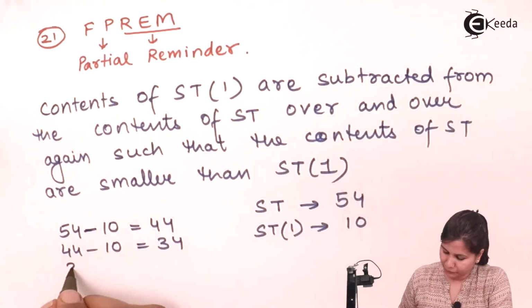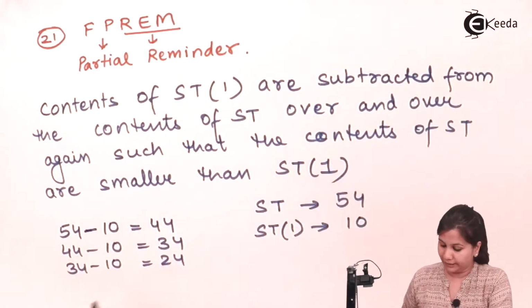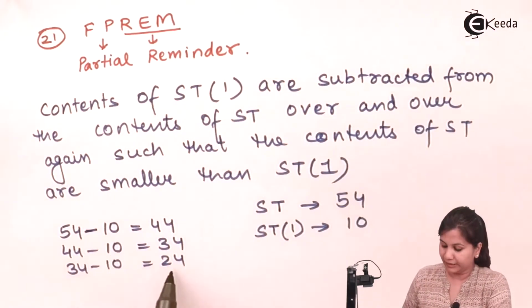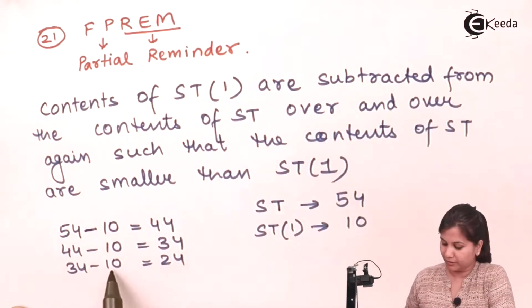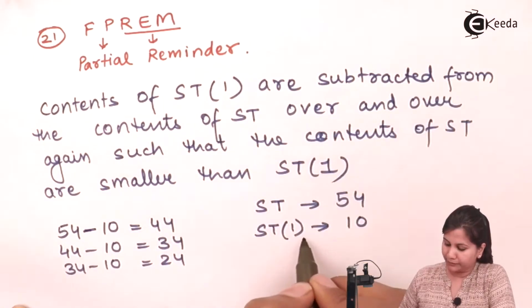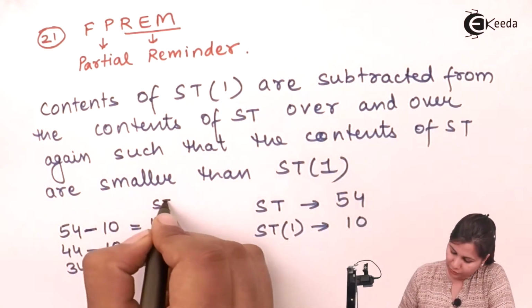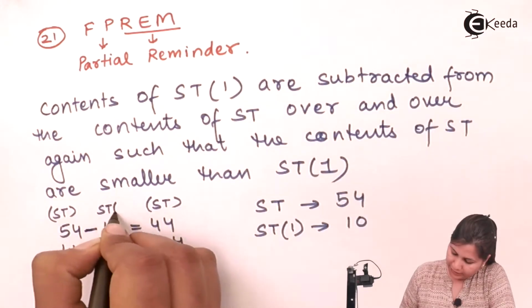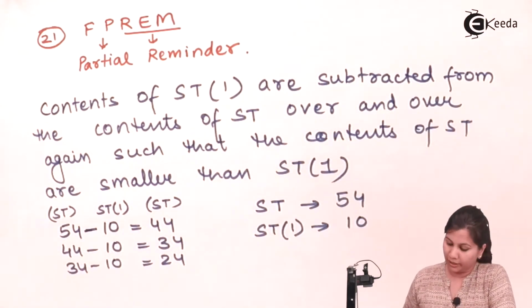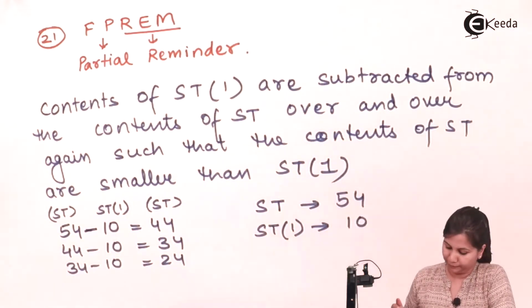Again 10 will be subtracted, we will get 24. Again and again we are going to compare, because ST1's contents are still smaller than the contents of ST. We have to find out that the contents of ST are smaller than ST1.